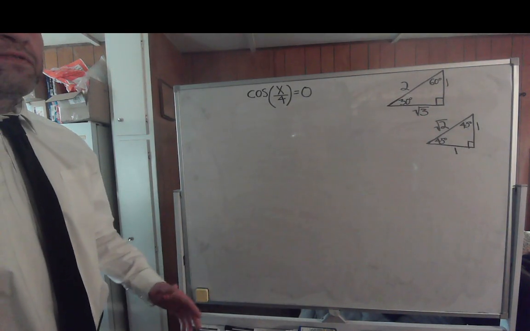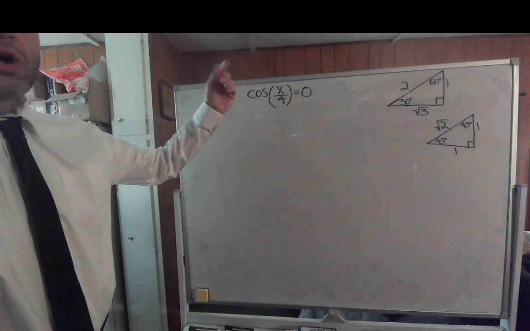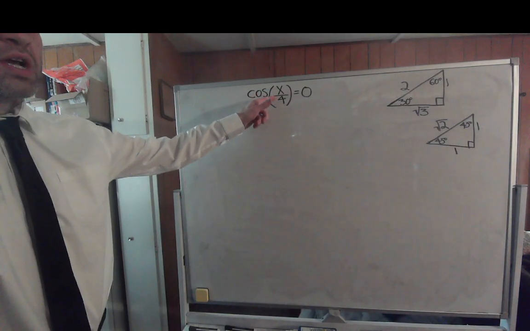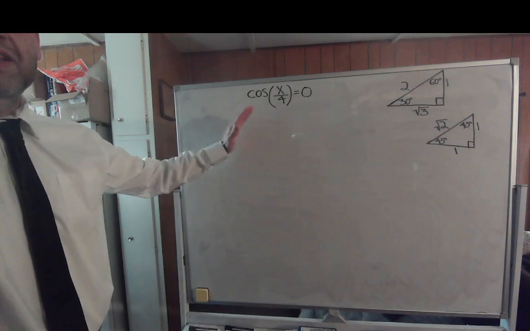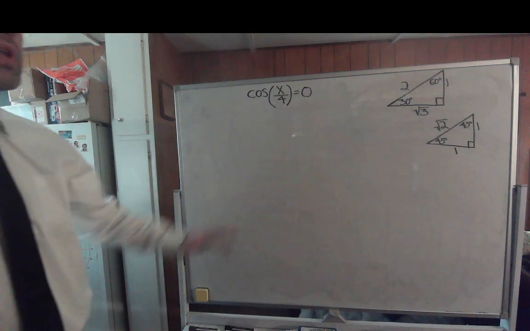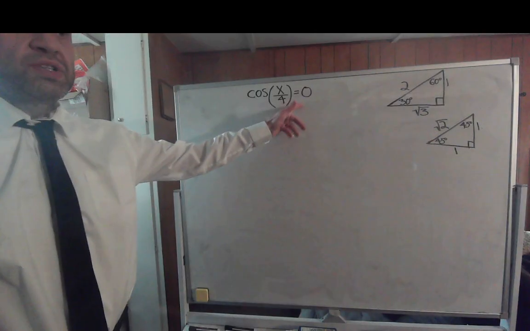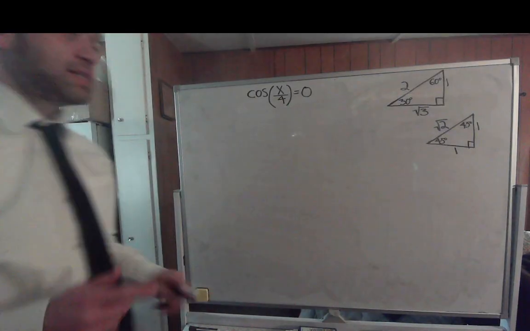If you have a trig function of anything other than 1x, or anything other than a 1 as your coefficient of the x, or the variable you're taking the trig function of, that's considered a multiple angle. So you have the cosine of x over 4 is equal to 0. How are you going to approach that?